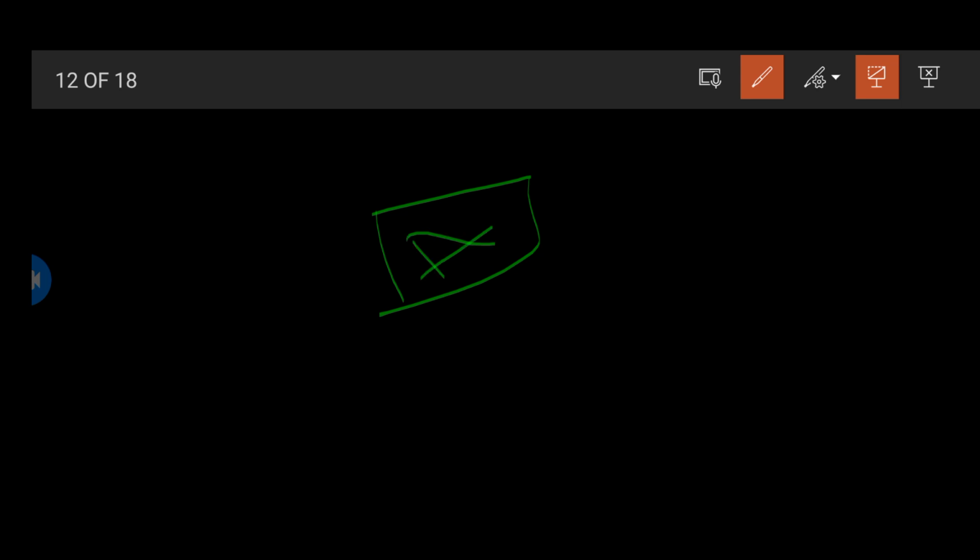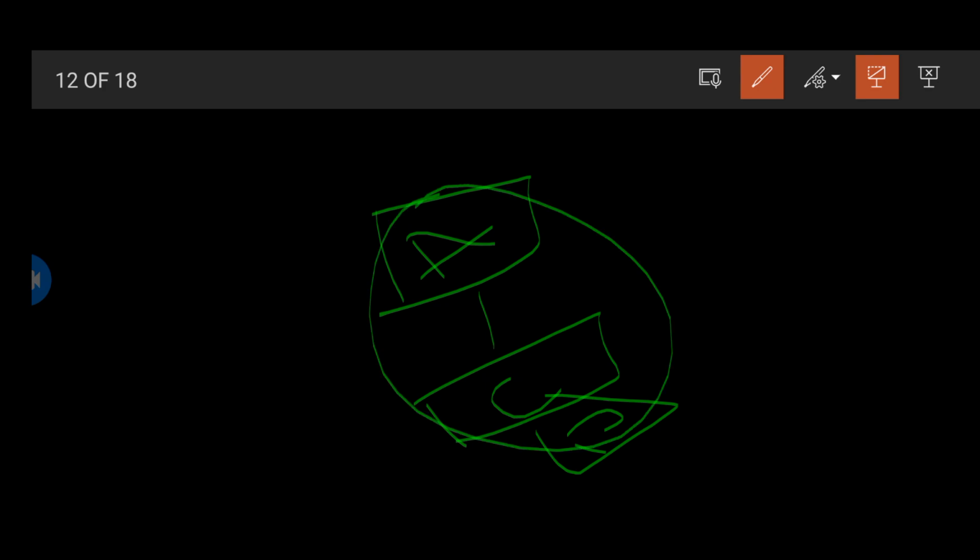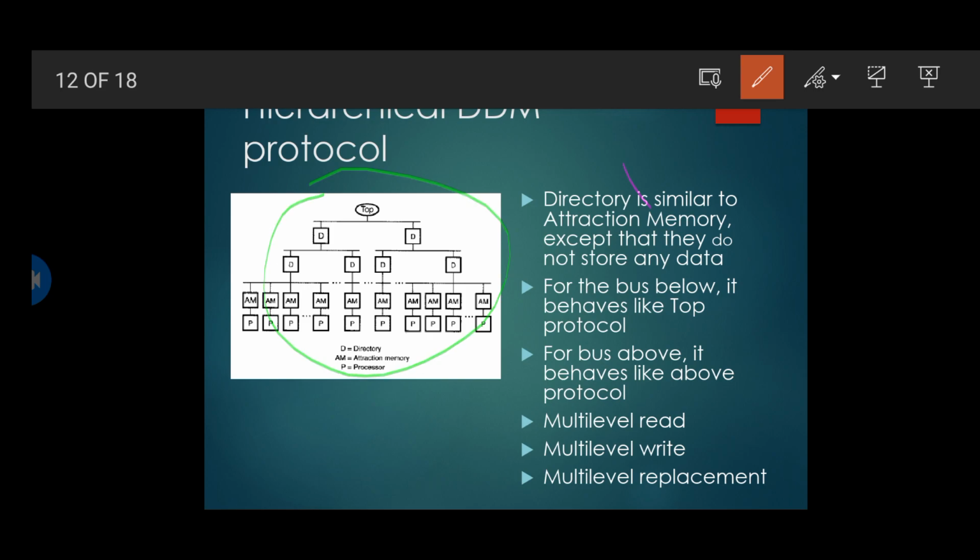Attraction memory was singly attached to the cache memory, and each cache memory was connected to the processor. This is the only structure we discussed first. Now let us see how hierarchical will be performed.